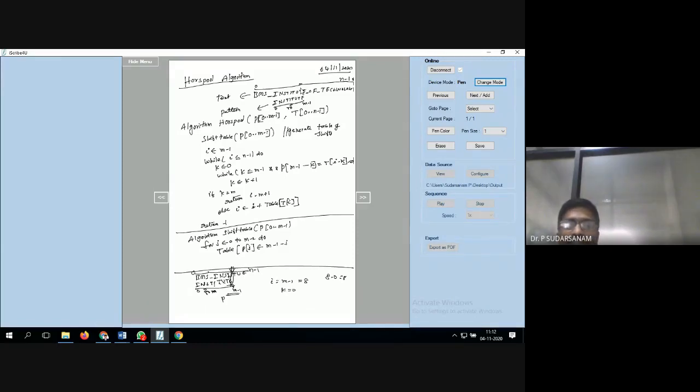That's all. P of j is equal to m minus 1 minus j. Return table.